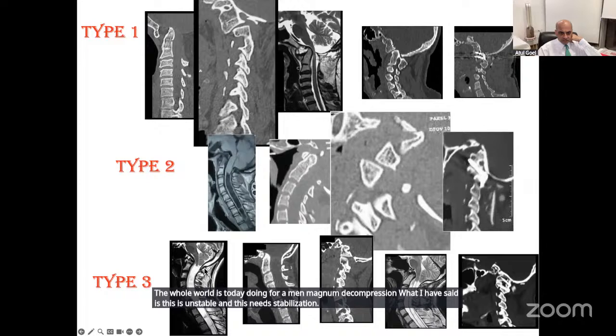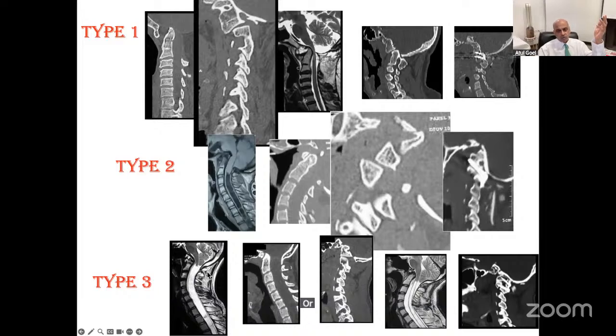Another thing is this, the third case, there is no atlantodental interval disturbance, no facetal malalignment, but Chiari and syrinx, everyone likes to do foramen magnum decompression, and many or majority like to do syringostomy or subarachnoid shunt and things like that.